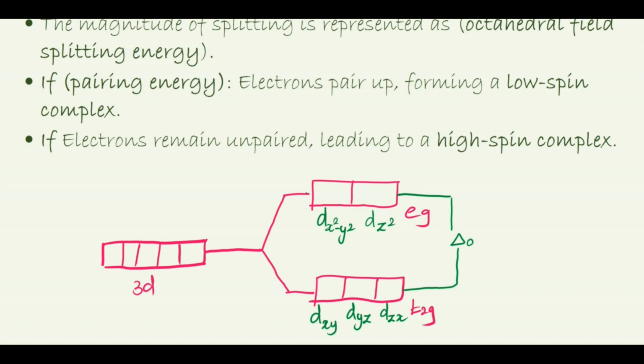From the top level to the center point, we call that the barycenter. From this upper level to the center point, the value is plus 3/5 delta octahedral, and from the center point to the low energy level, that becomes minus 2/5 delta octahedral.